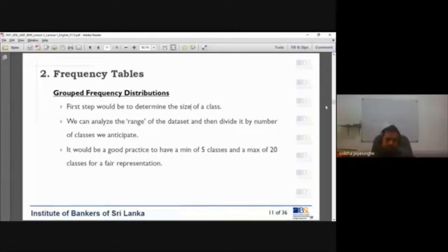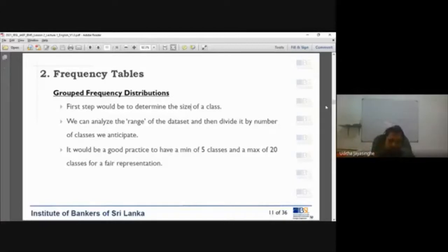It's not going to be very useful. People won't get an understanding of how your data are dispersed, but when you discuss your data set with a similar class width, it's very easy to understand the frequency and the dispersion, the nature of the data, how it is being distributed.